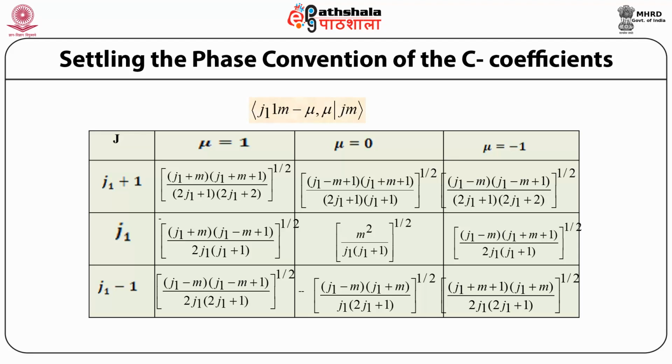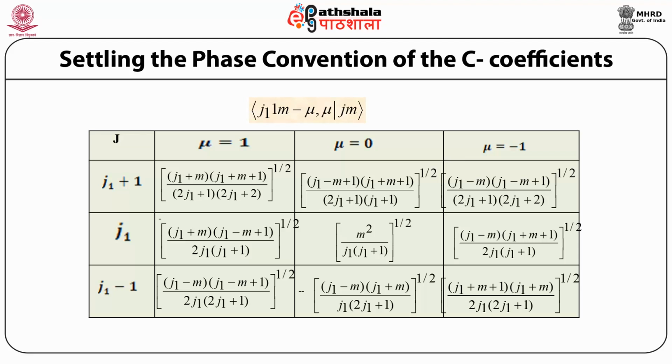For mu equals to 0, j1 minus m plus 1 into j1 plus m plus 1 by 2j1 plus 1 into j1 plus 1 to the power half. And for mu equal to minus 1, j1 minus m into j1 minus m plus 1 by 2j1 plus 1 into 2j1 plus 2 whole to the power half.